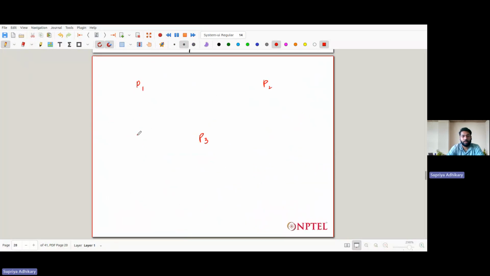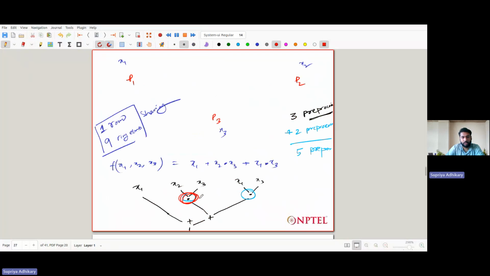Similarly, to compute this, it also needs 1 round of communication with 3 ring elements.